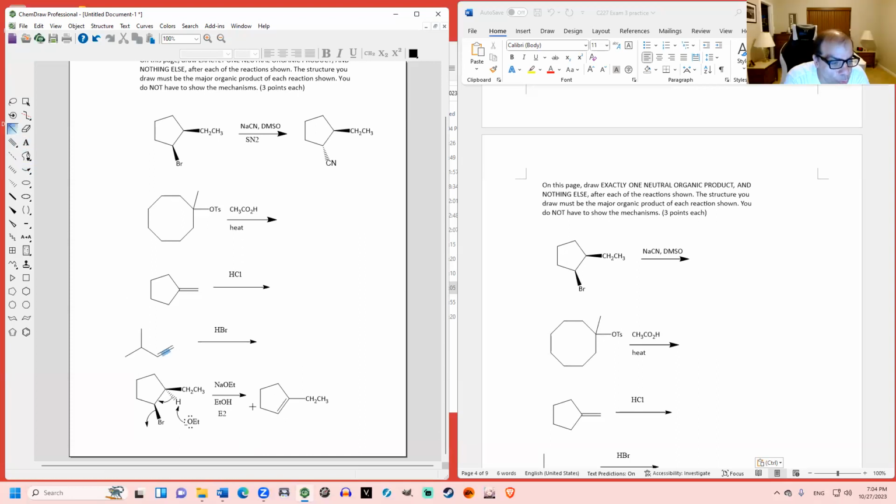And so that whole portion of the molecule. Let's see if I can manage this. Kind of failing at this.